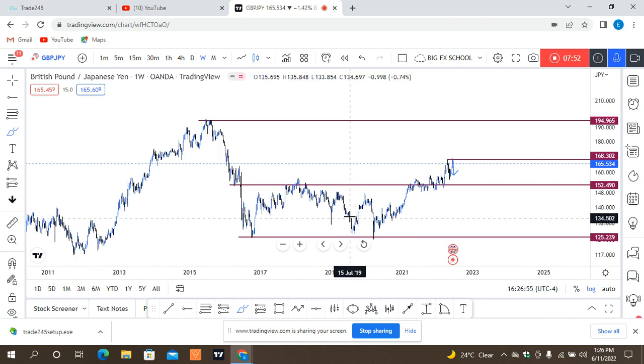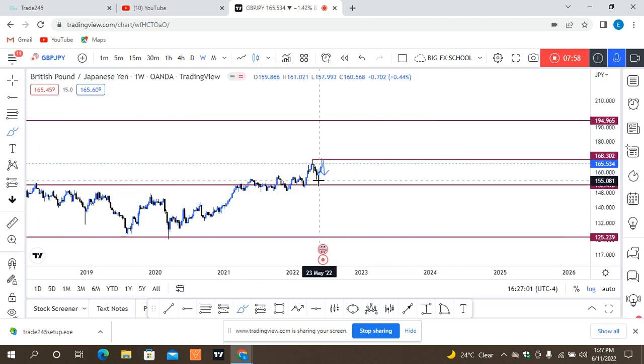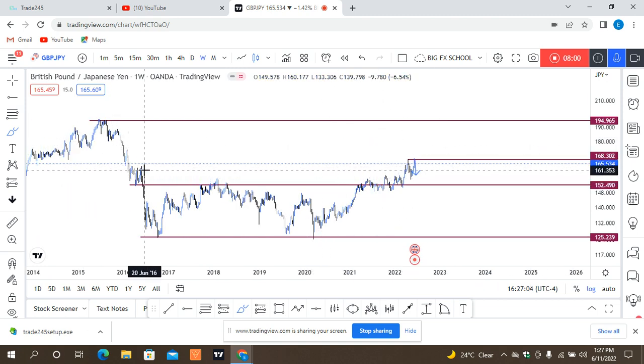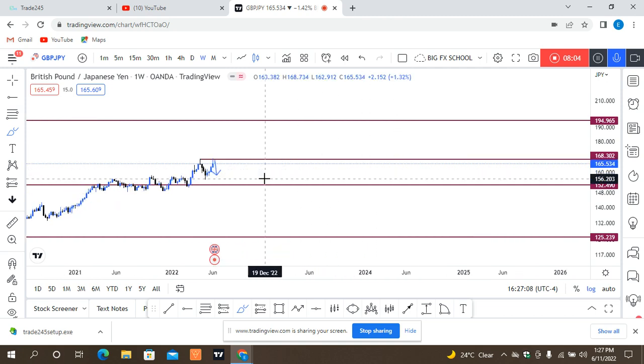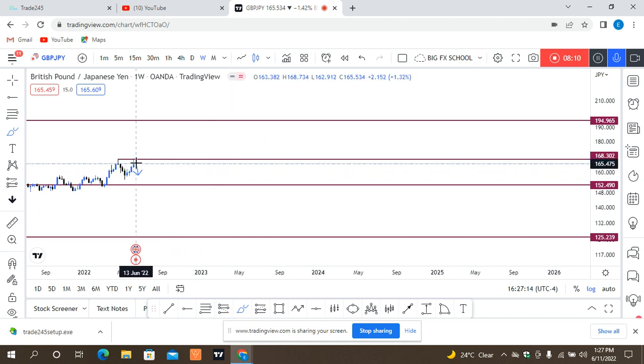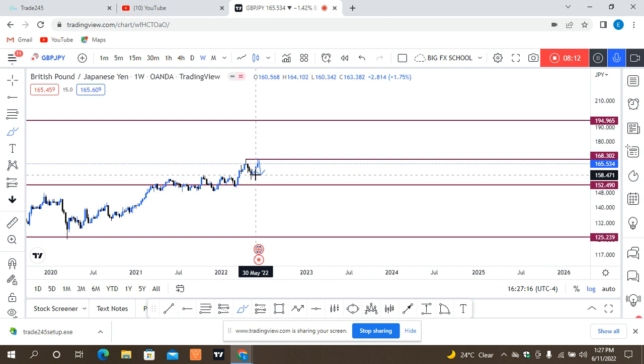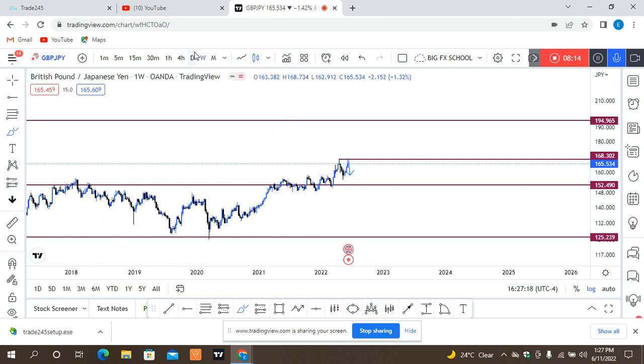We were touching this zone, but here we broke now. So we are in another zone here. As the market started from here and reversed here, it means we needed to come down to this zone level in order to go high again.